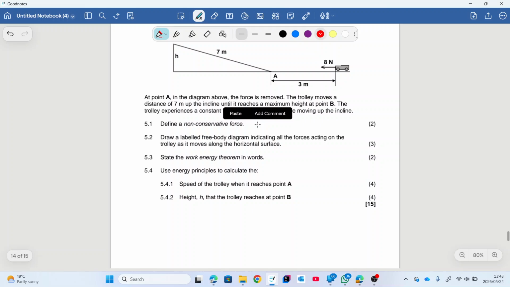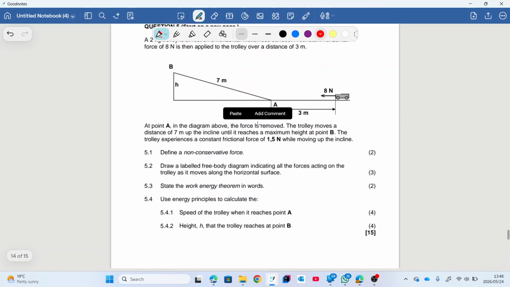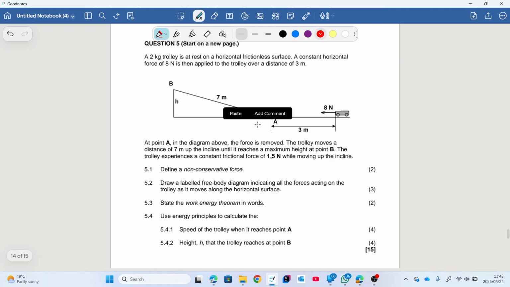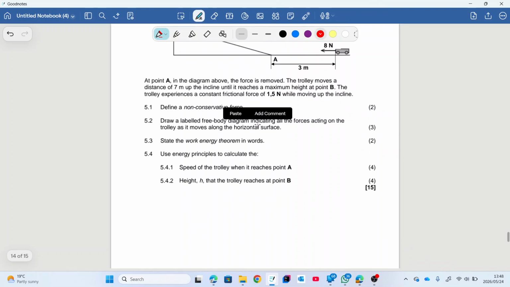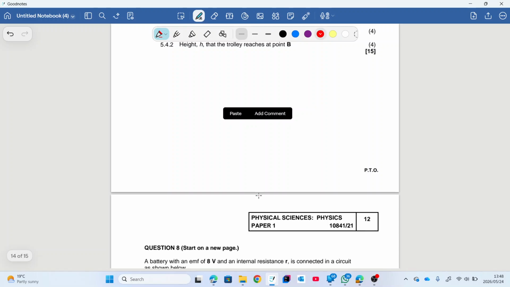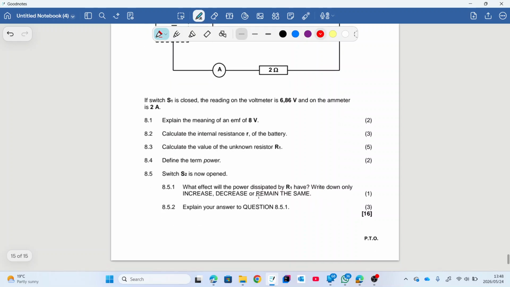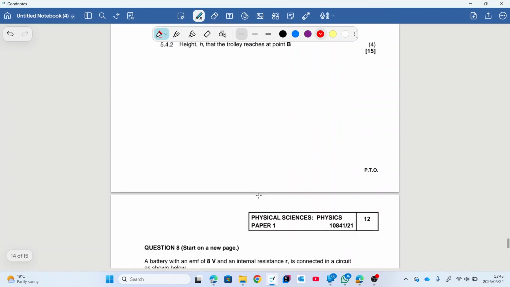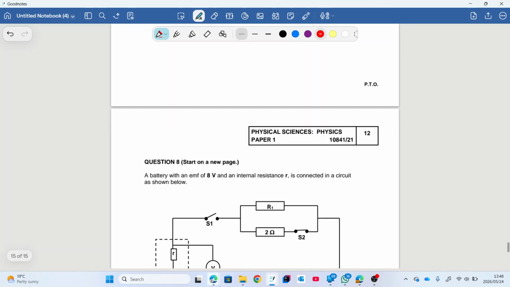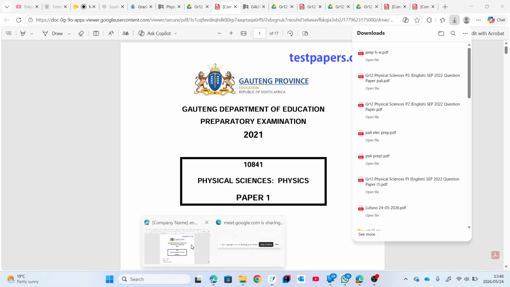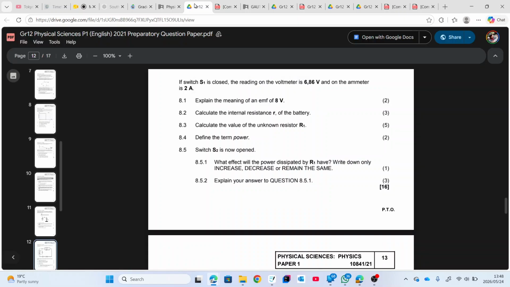So this is for work. That is electricity, it's fine. Now let me import the chemistry one.